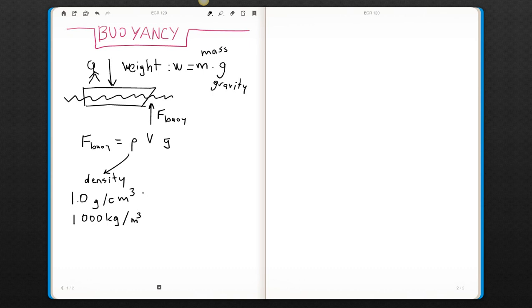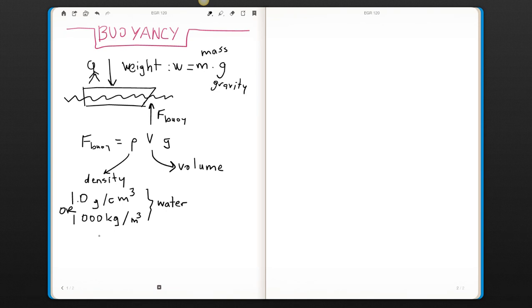So this is for water. I will say rho here. And V is your volume, and g is the same as the gravity.